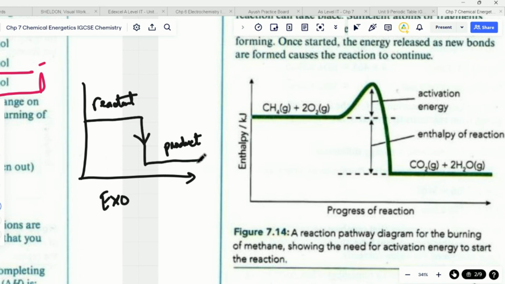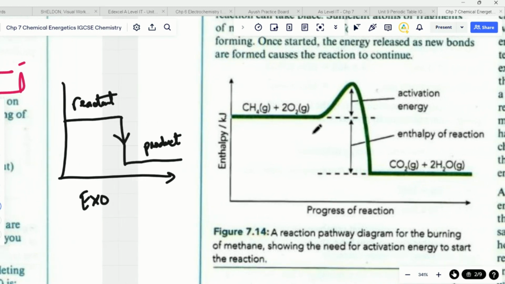Now over here, what they are trying to tell is that we need a very small amount of activation energy for this reaction to take place. This reactant was over here before, but they were not reacting with each other because they did not have the minimum required energy that was needed for the reaction to start. So therefore, this curve that you see, this is the activation energy part.